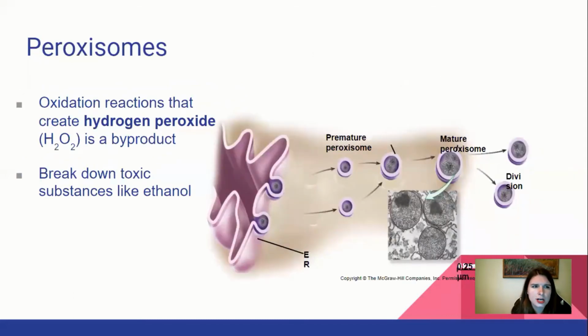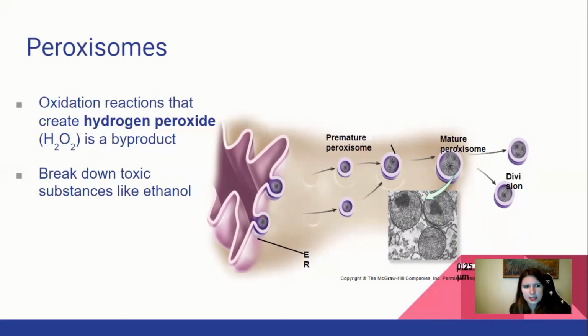And we want to contrast our lysosome with a structure called a peroxisome, which also breaks stuff down, but it's not really breaking stuff down for potential reuse. It's going to be breaking down molecules that are toxic to the cell.